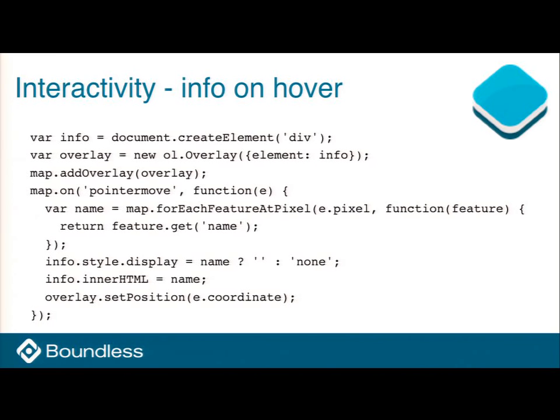So when we move our pointer on the map, we get the pixel that we're looking at, and then we query the map for each feature at that pixel. And for the first returned feature, we extract the name attribute of that feature, and we're going to render the name of that feature in the HTML element that we have in this anchored overlay.